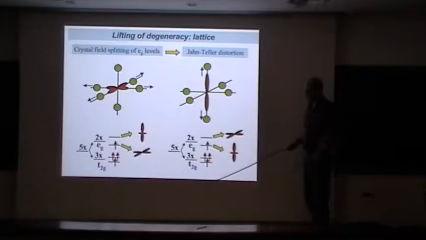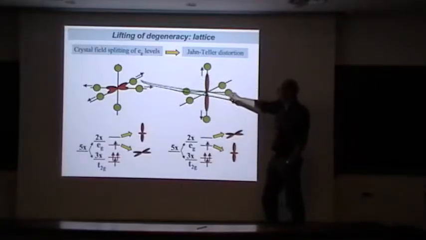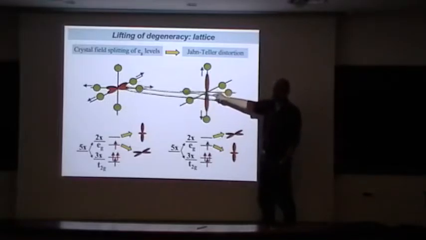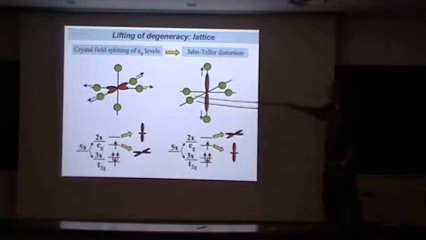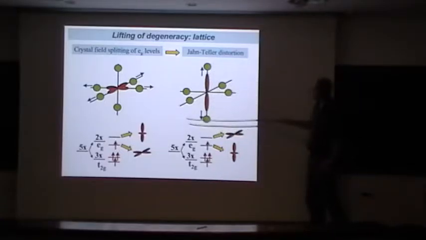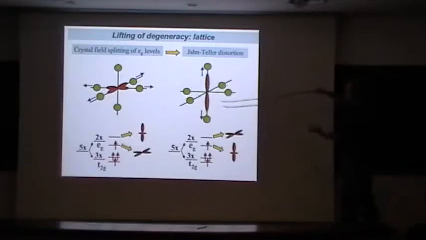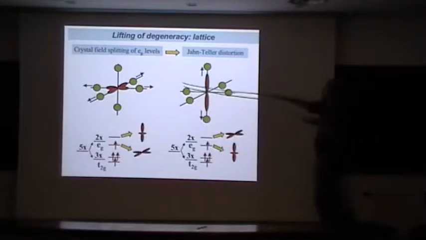So as was in the session yesterday, if I have these eg levels in the octahedral symmetry Oh, and I break that symmetry, by going to D4h, by for instance elongating the bonds along this direction, then in this case, if bonds are elongated, this cigar shape, the 3z squared minus r squared orbital is lower in energy.